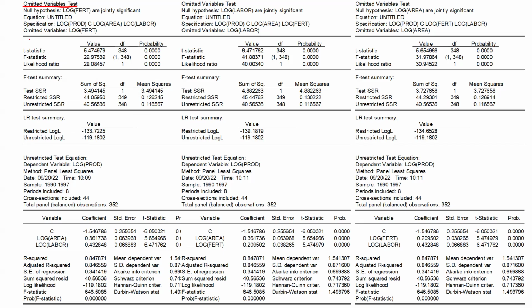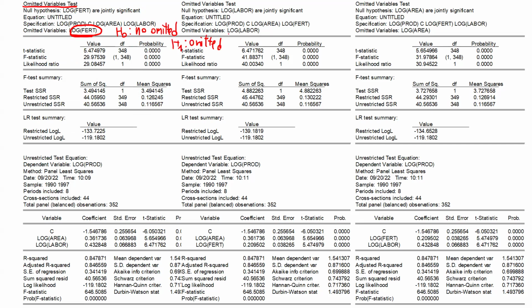Then I try to omit log fertilizer. So H0 in the omitted variable test is no omitted variable versus omitted variable.